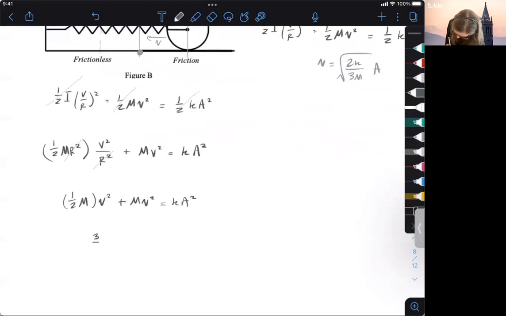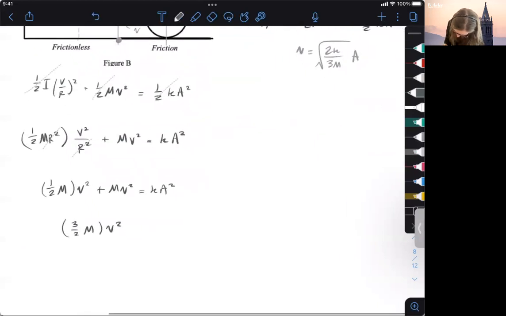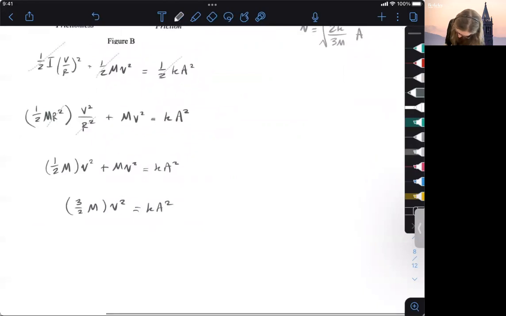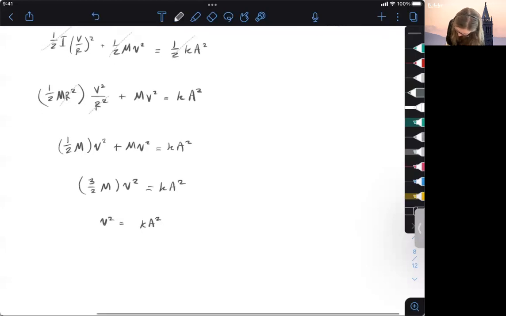So 3/2 m v squared is equal to ka squared. Then we have v squared is equal to ka squared and then we have 2/3 m. So 2m over 3, or sorry, 3m over 2. I'll rewrite this way, 3m over 2.